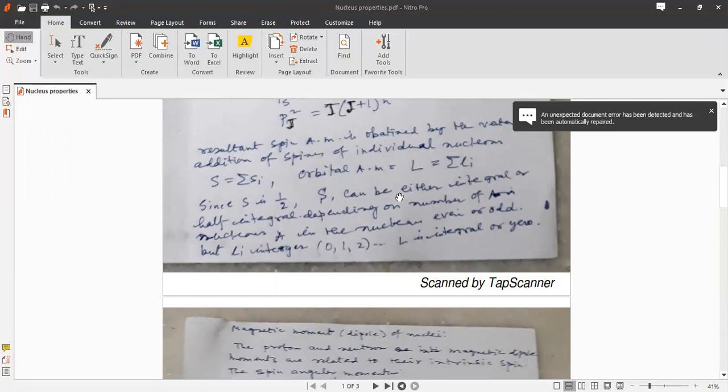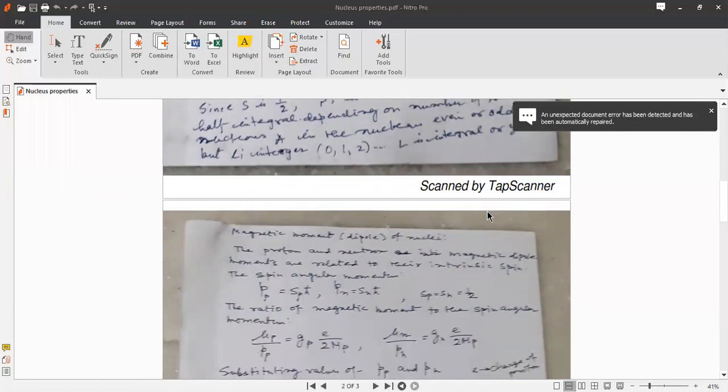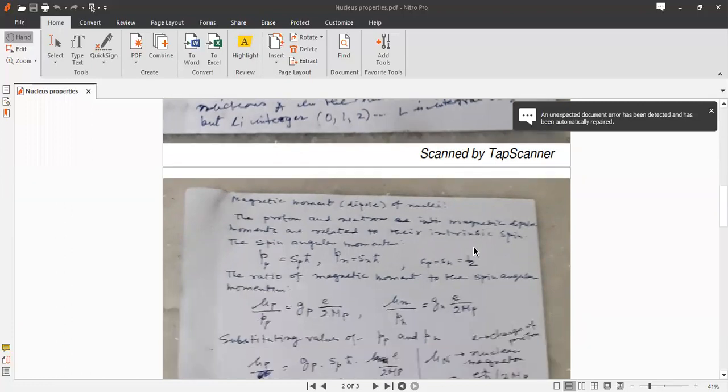From that, we can at least say whether there is an even number of nucleons inside the nucleus or an odd number of nucleons. But the total angular momentum is 0, 1, 2, as usual we consider.